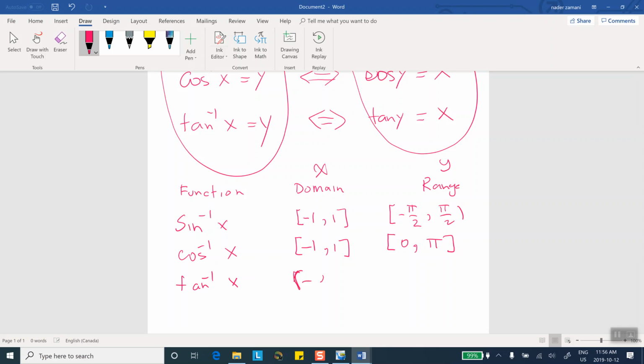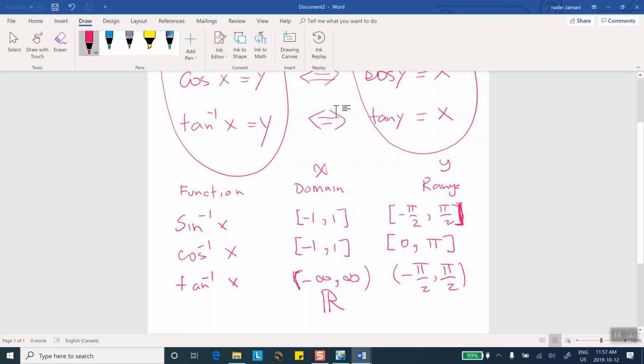You can either write it like that, minus infinity to infinity, or the book calls it all real numbers. And what you get is always something between minus pi over 2 and pi over 2. Remember, this one is included. This is a bracket, but these are parentheses.